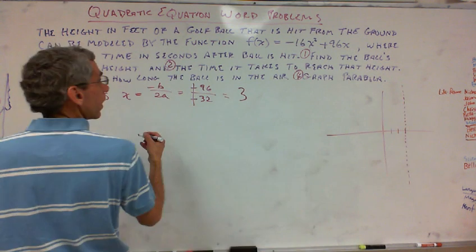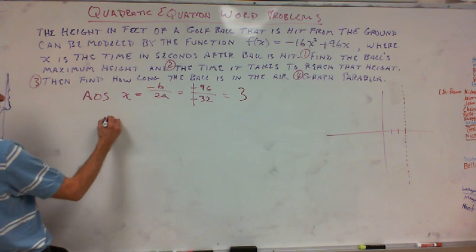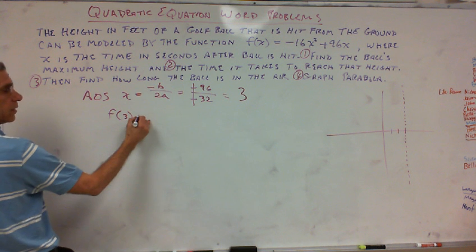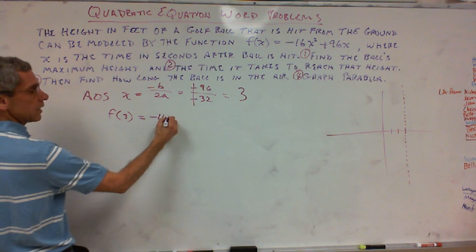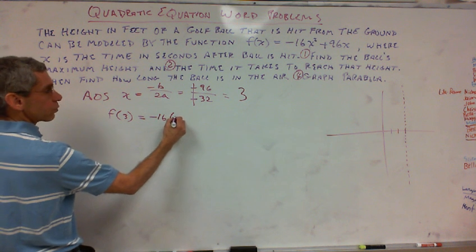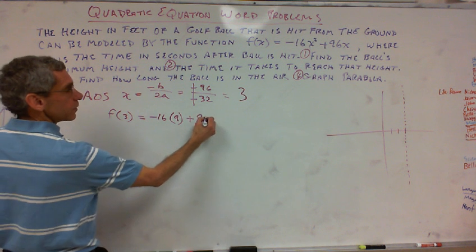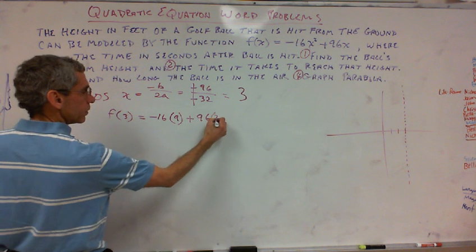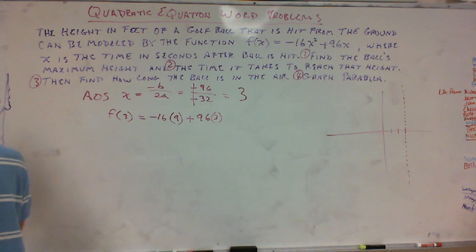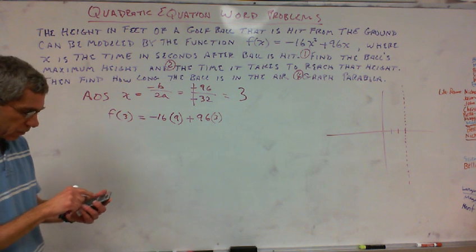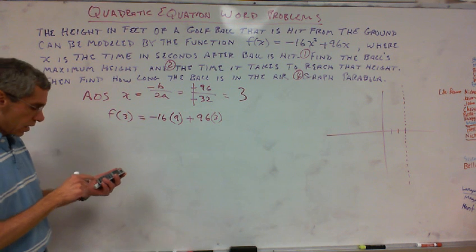Okay. So we've got f of x, meaning f of 3, because x is 3, is equal to negative 16 times 3 squared, which is 9, plus 96 times 3. Okay? So then we get out our little handy-dandy calculator, unless you guys know these off the top of your head. 16 times 9, I don't know it.